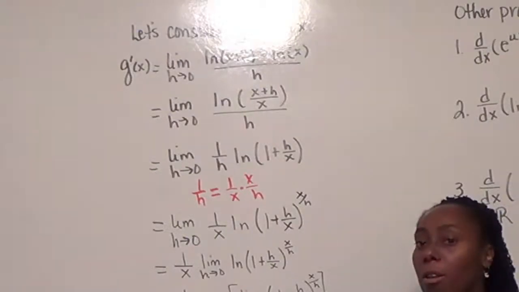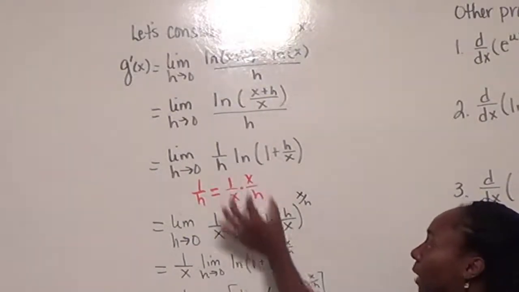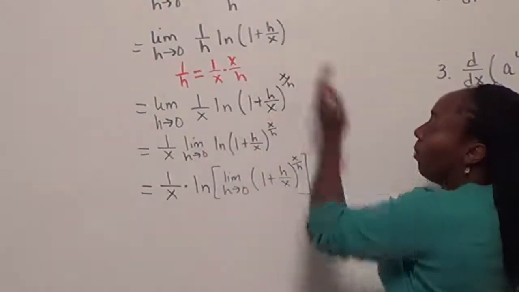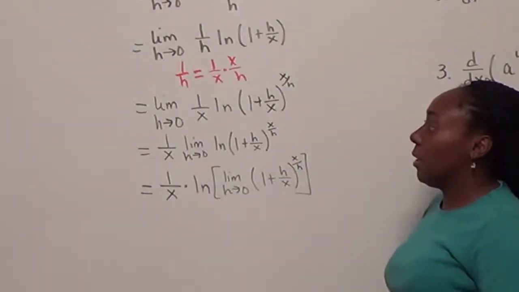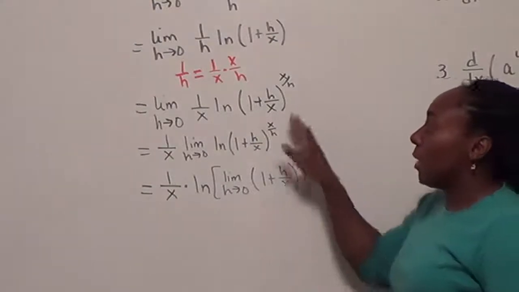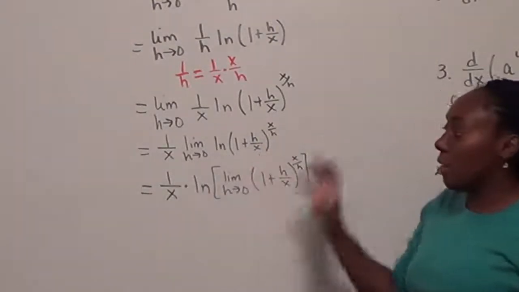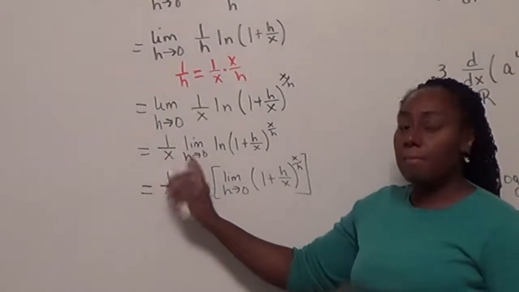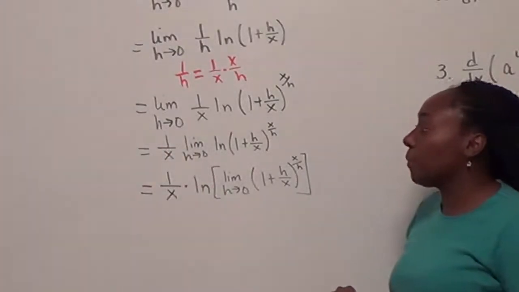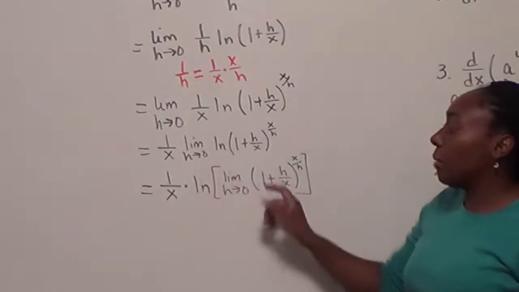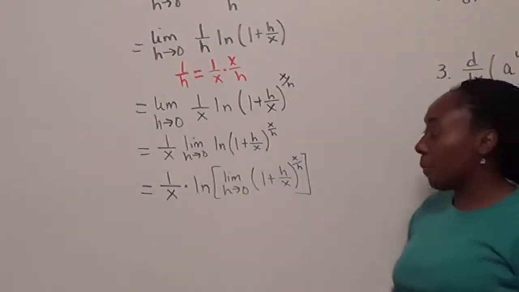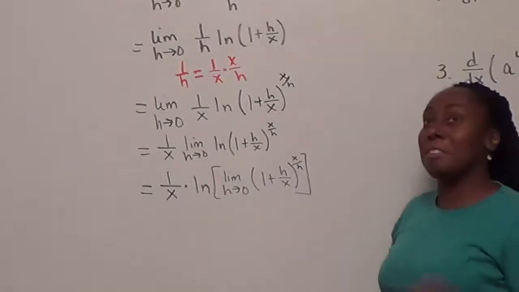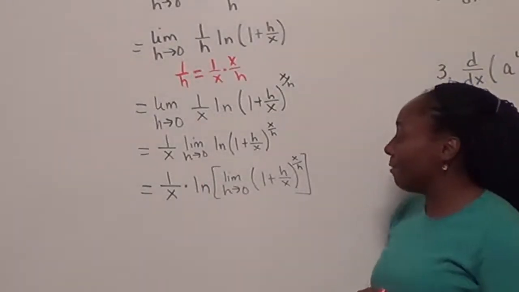I'm not going to take all of it, I'm only going to take the x over h piece. So the 1 over x I'll keep out front, the other part I'll move up to an exponent. Part of the reason I do that is so that I can isolate the argument of the natural log. 1 over x doesn't have an h in it, so I can move it out front of my limit, and now the limit can come inside to my argument because the natural log of a limit is the same as the limit of a natural log.